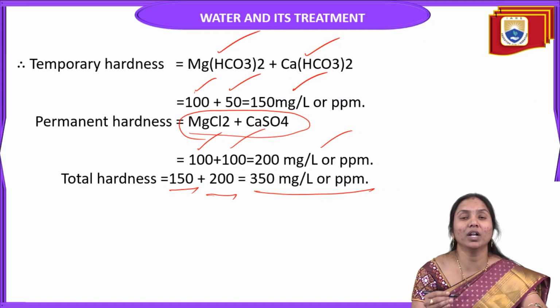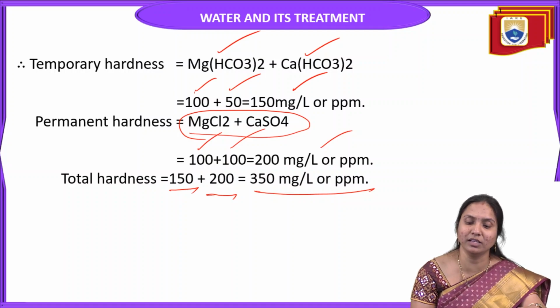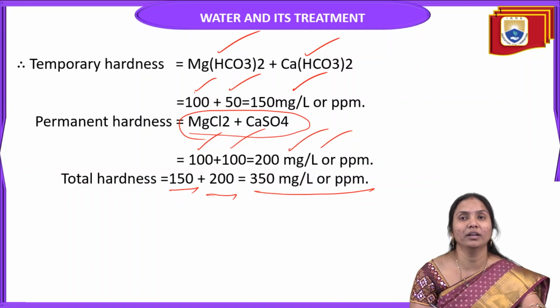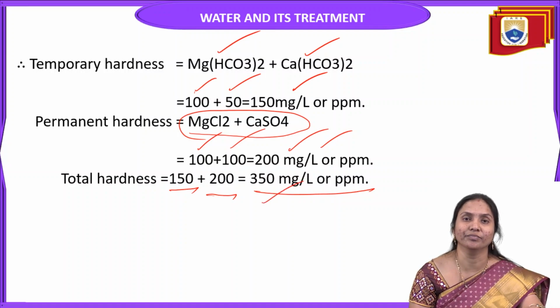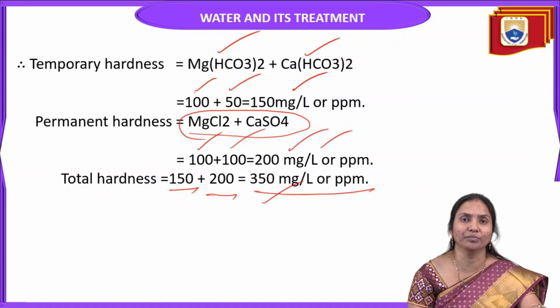So the temporary hardness of the given water is 150 milligram per liter or 150 ppm, the permanent hardness is 200 milligram per liter or 200 ppm, and the total hardness is 350 milligram per liter or 350 ppm.